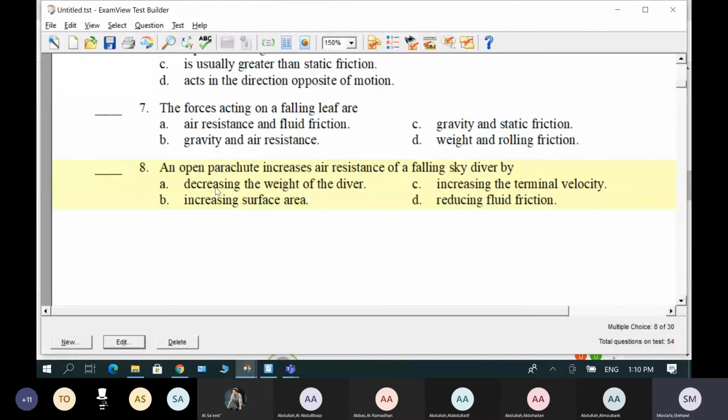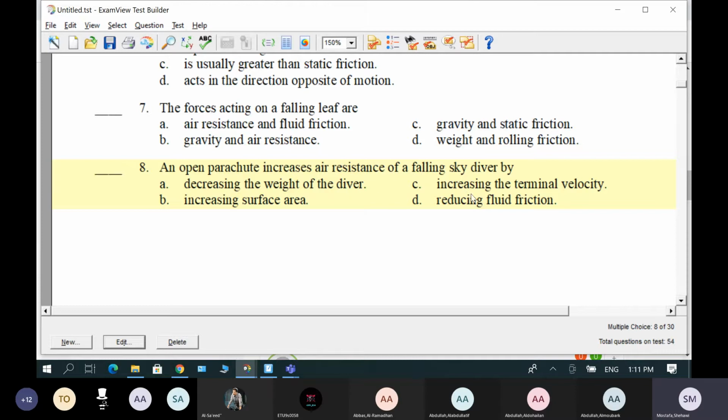Question 8. Read it. An open parachute increases air resistance of a falling skydiver by what? I think it's C, increasing the terminal velocity.